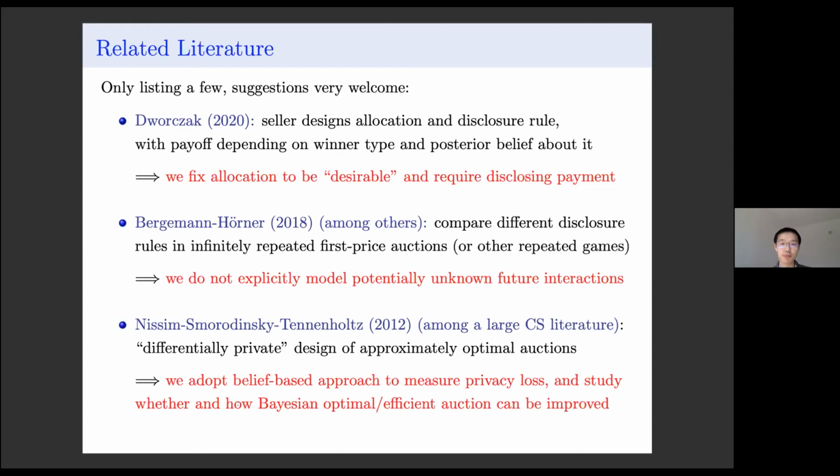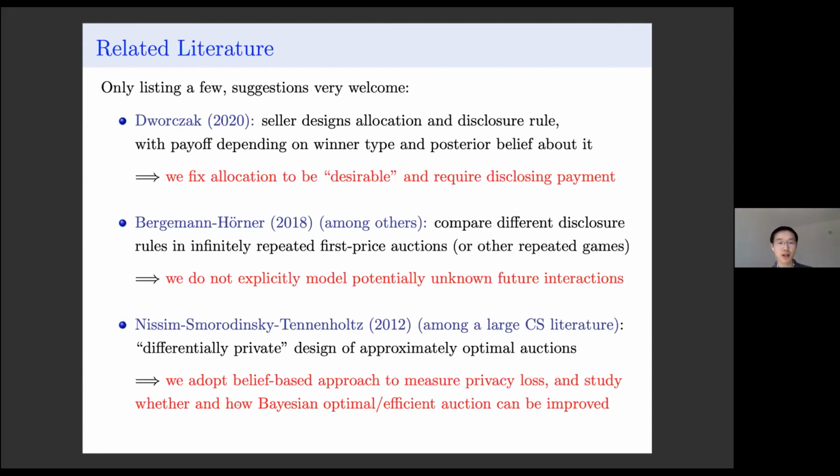So Piotr has a paper that studies a problem where the seller sells an object to multiple buyers, the winner of whom then engages in an aftermarket. In his model, the seller is going to design an allocation rule jointly with a disclosure rule, and the payoff of the seller depends both on the winner type as well as the posterior belief about the winner type given the disclosure rule.